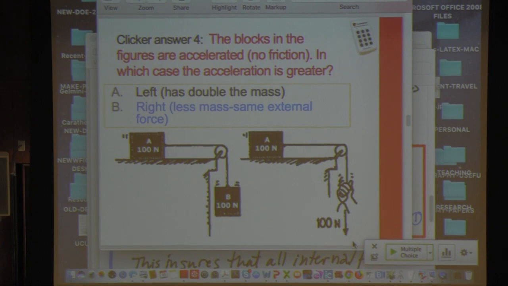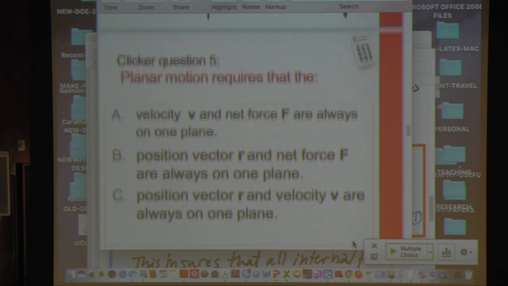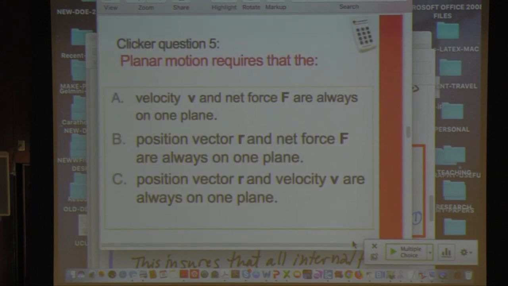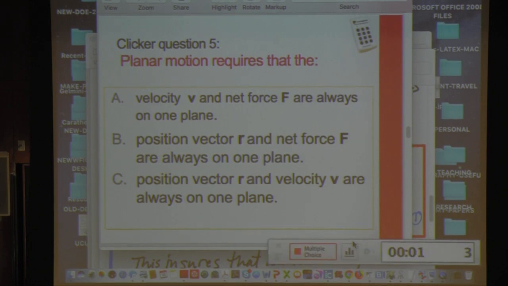Okay, this is again a question, simply because we have gone through several similar questions.